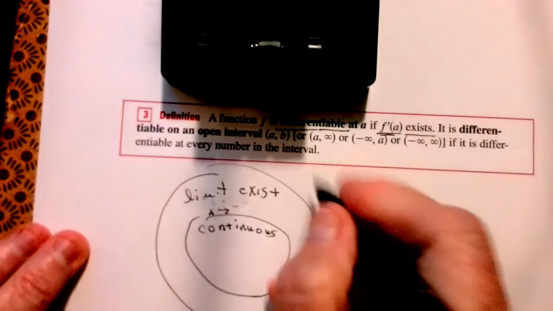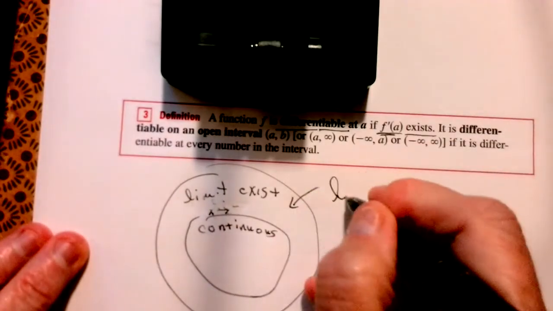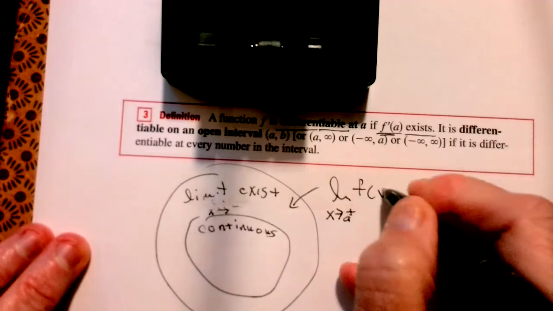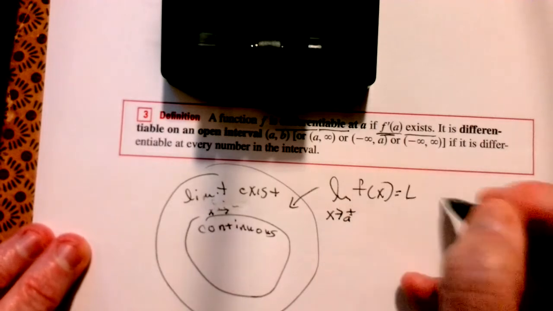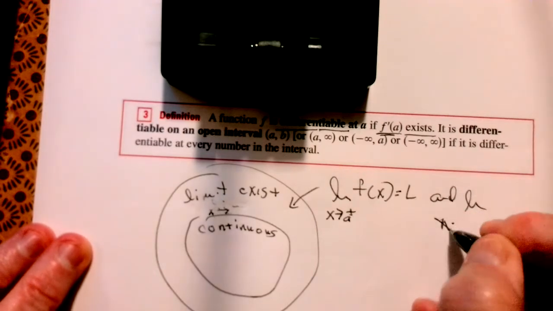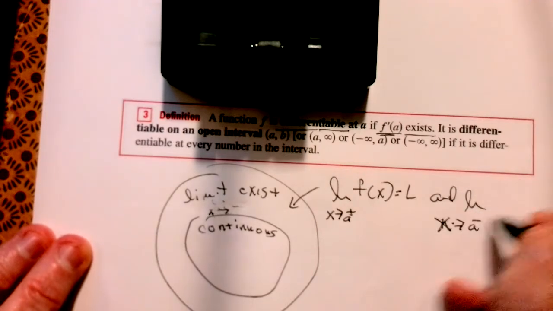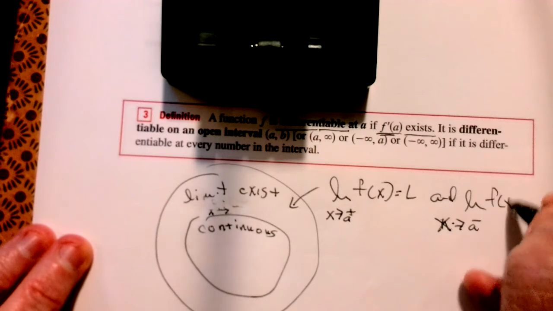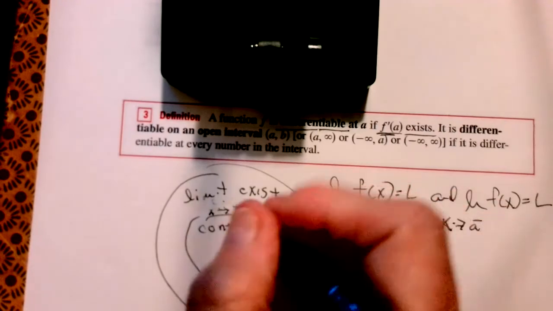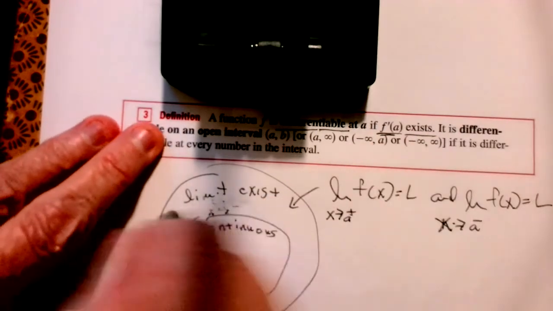For the limit to exist, that just means the limit as x goes to a from the plus side equals L, and the limit as x approaches a from the minus side equals L. That means the limit exists at a.